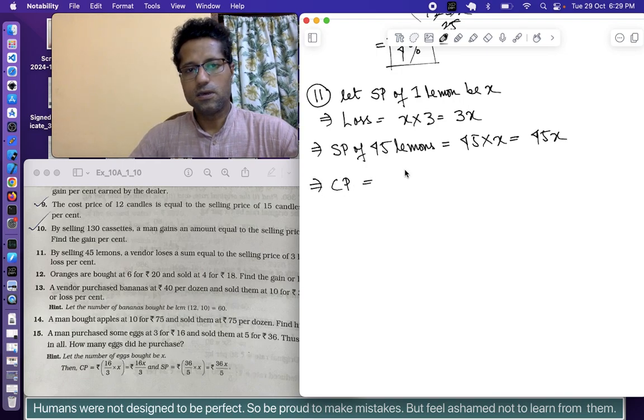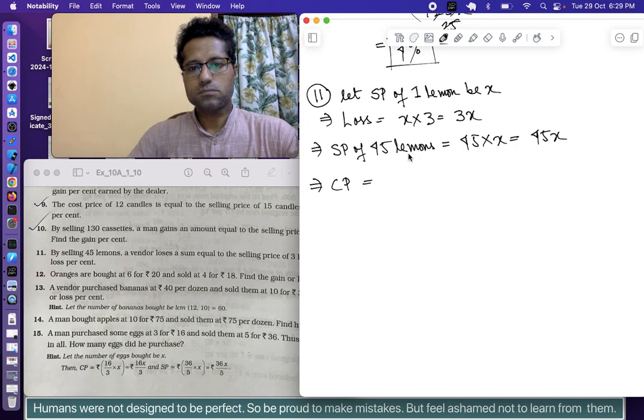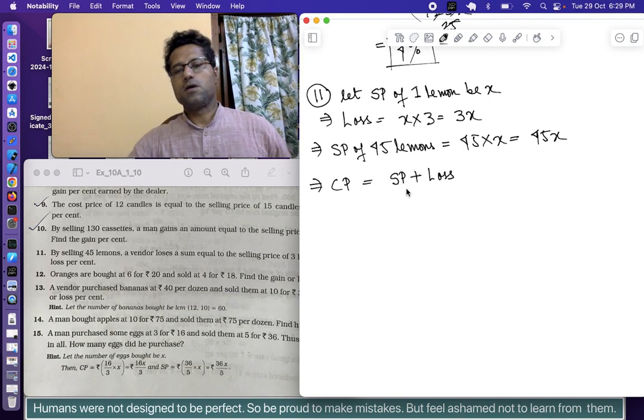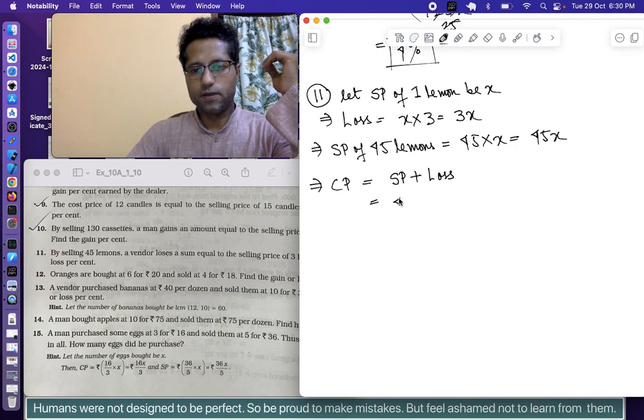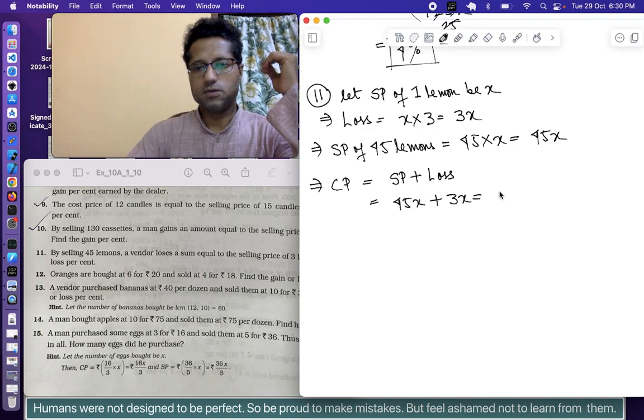Since there is a loss, cost price will be selling price plus loss, which is 45x plus 3x, equal to 48x.